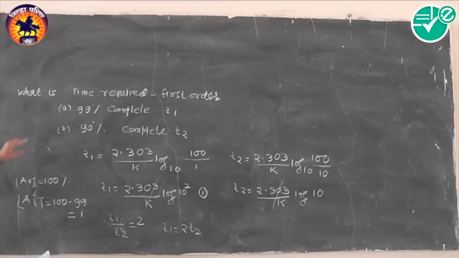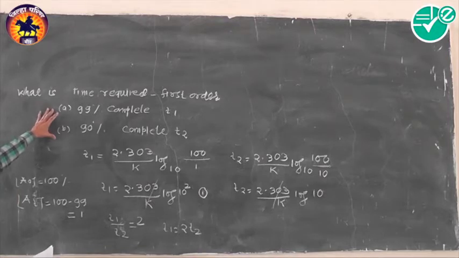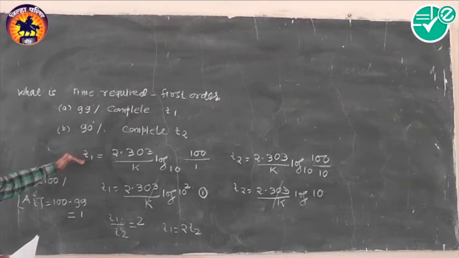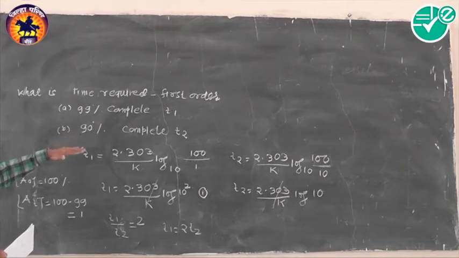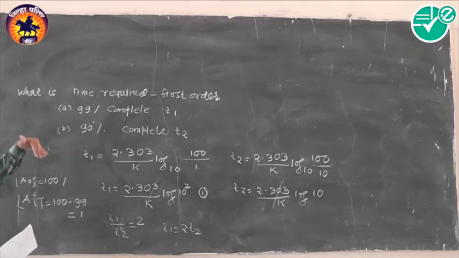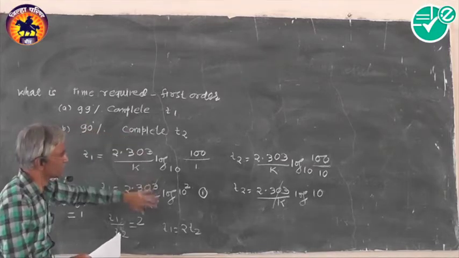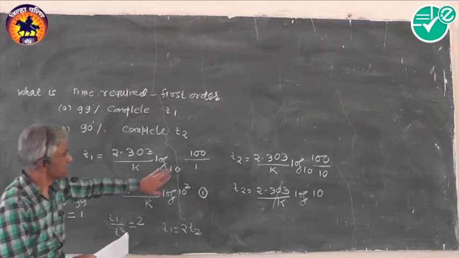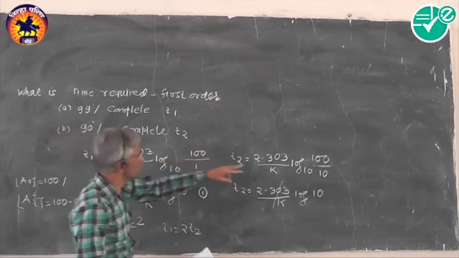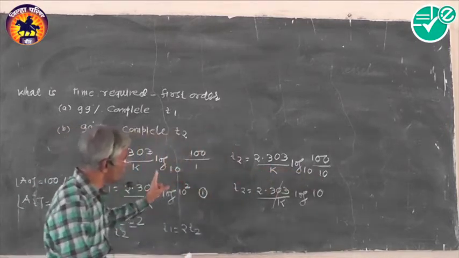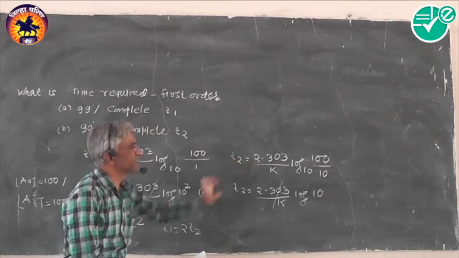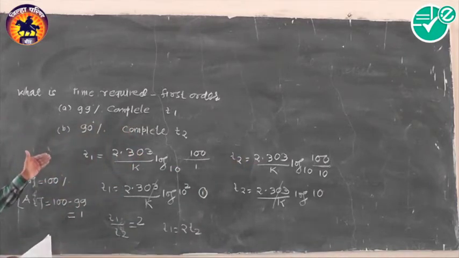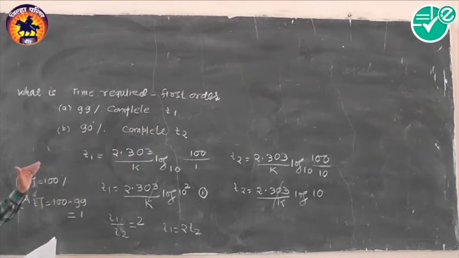And therefore when the comparison is asked and there is this equation, time is equal to 2.303/K log of a0/a, we automatically know that these factors cancel. Only what remains is this log value and this log value. Now this log value is 2 times the log value of that, and therefore by simply knowing that also we can calculate.